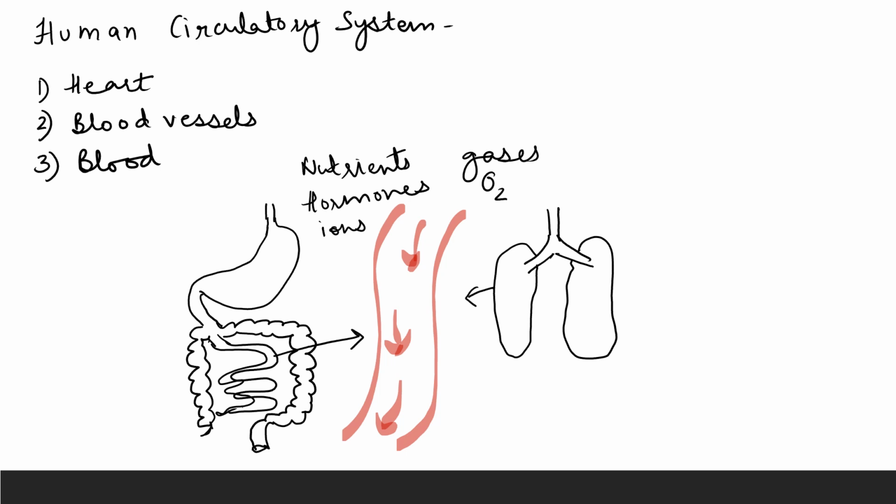So now we can say what is blood. Blood is a transportation medium, right? So if we are talking about the definition, what is the definition of a circulatory system?